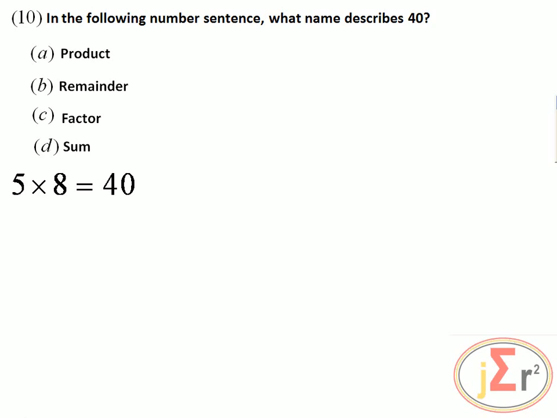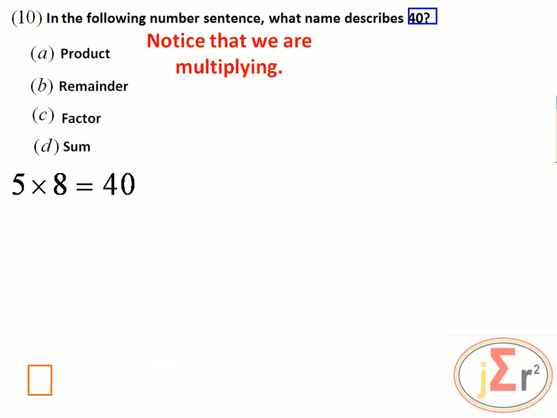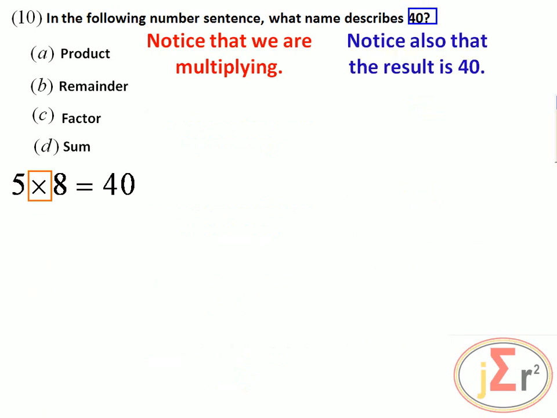In the following number sentence, which name describes 40? 40 is what? Is it the product, the remainder, the factor, or the sum? Product. It is the product. Jerry is saying that it is the product. Notice that we are multiplying. If we are multiplying, notice also that the result is 40.